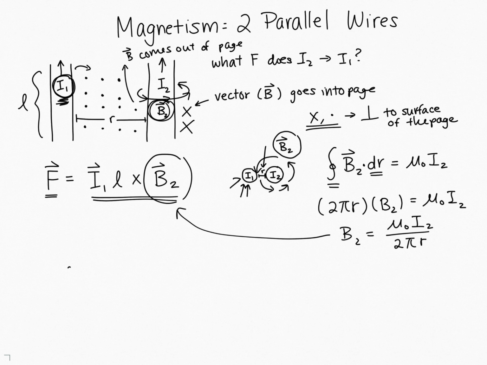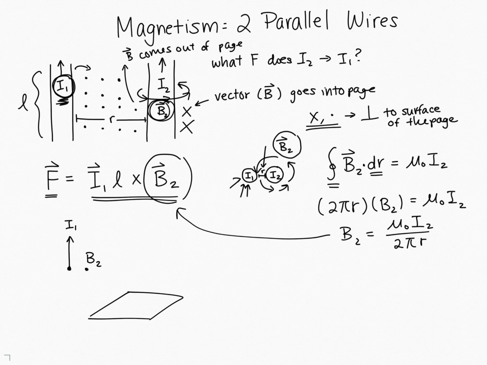So if we draw a diagram, this is the direction of our current I1, and B2, the magnetic field it's experiencing, is pointing out of the page. Since we want to cross these, we can also draw it like so.